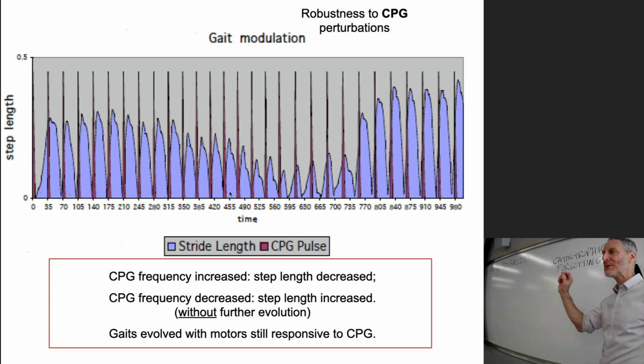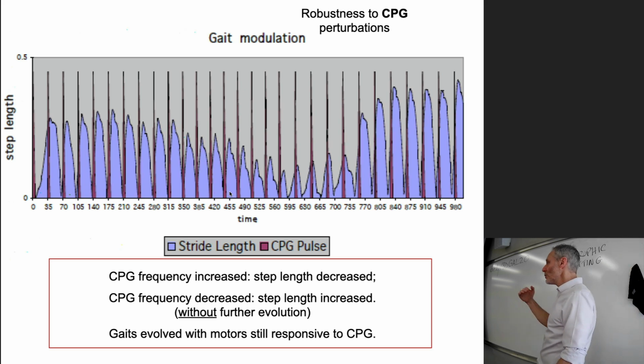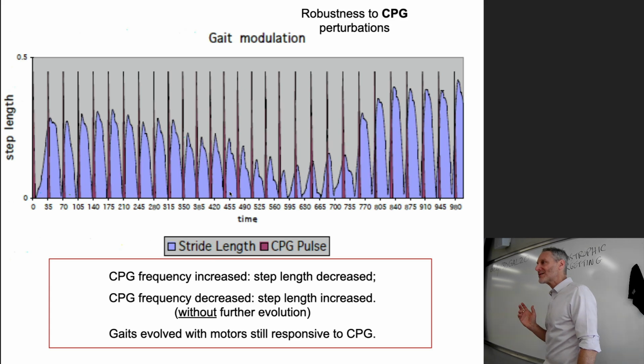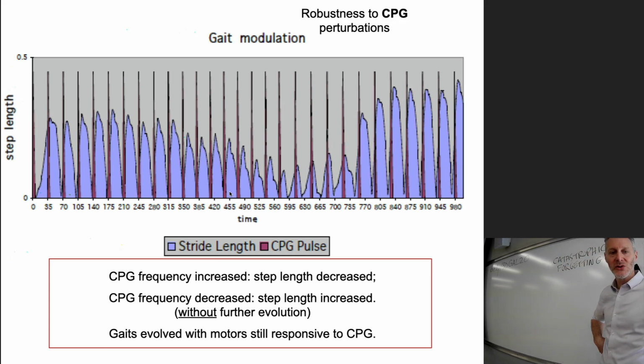They messed with the CPG. They would either make it go a little faster or a little bit slower. So inside the robot, it's moving in response to the CPG, but the CPG itself is no longer perfectly reliable. Sometimes it runs a little bit fast, sometimes it runs a little bit slow.